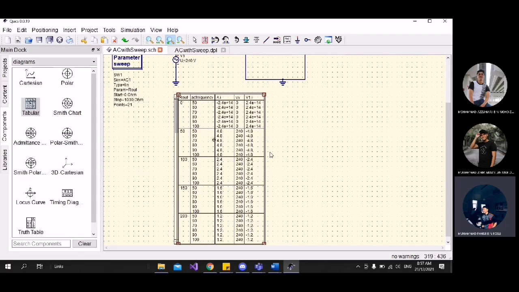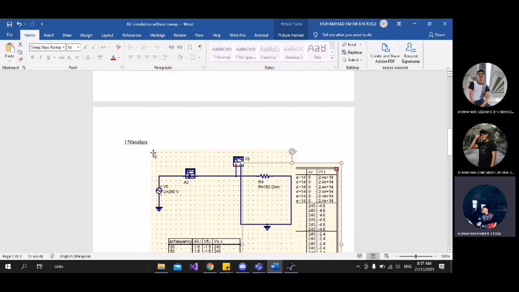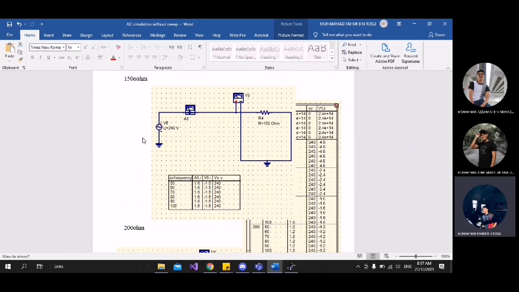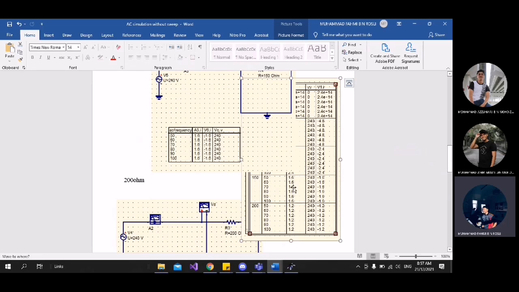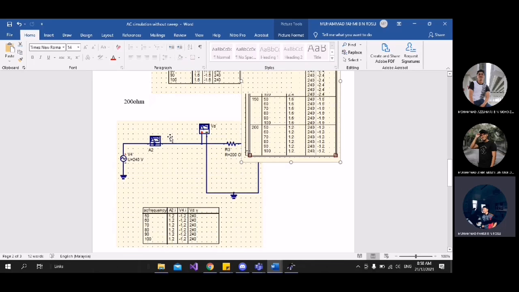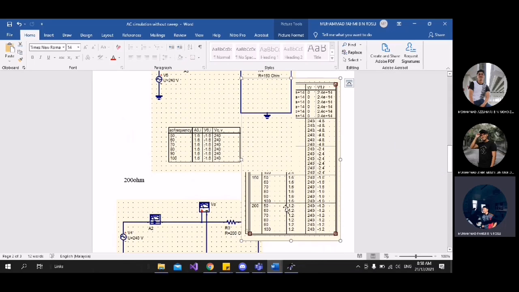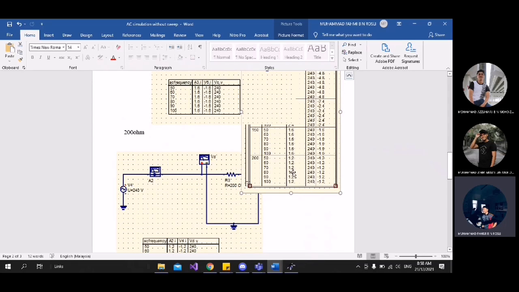For example, for 150 ohm, the result without sweep is 1.6 and negative 1.6, and with sweep we have the same value, 1.6 and negative 1.6. For example 2, for 200 ohm we have 1.2 and negative 1.2, and similarly for the sweep we have 1.2 and negative 1.2.